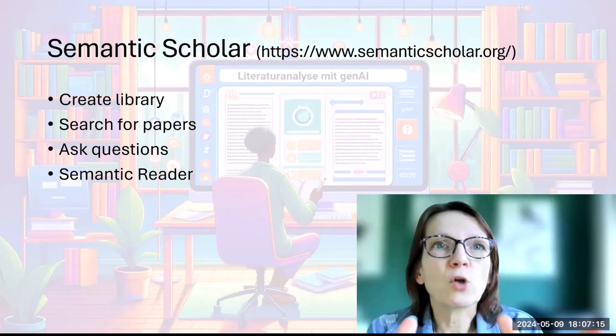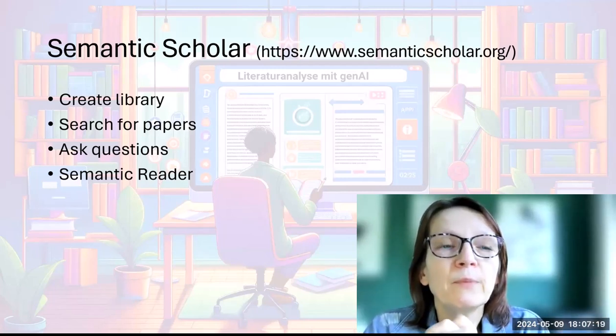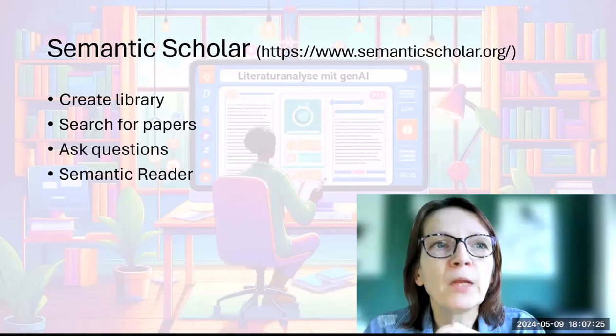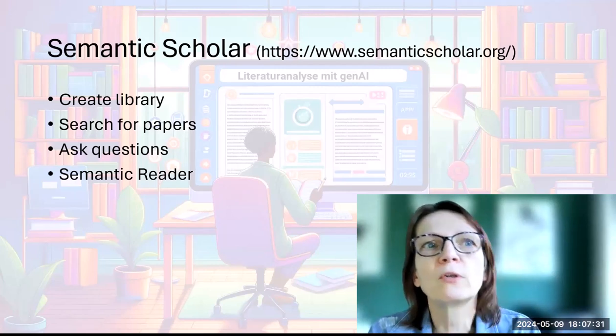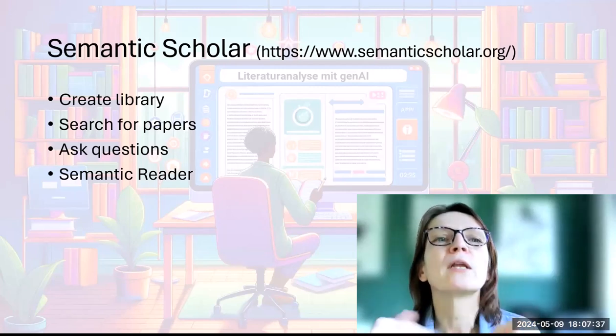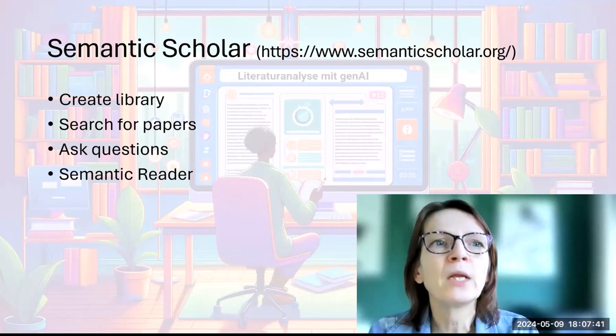So Semantic Scholar has a bit of a different functionality here, and also for looking into more depth into your paper. Here it's called a library, where you can collect your papers and search for your papers, and then you can ask questions to a singular paper, so one by one.